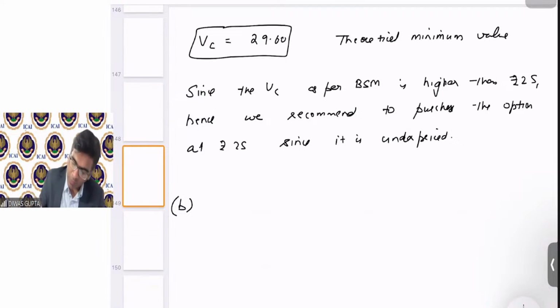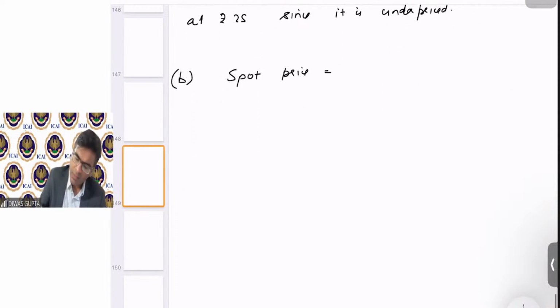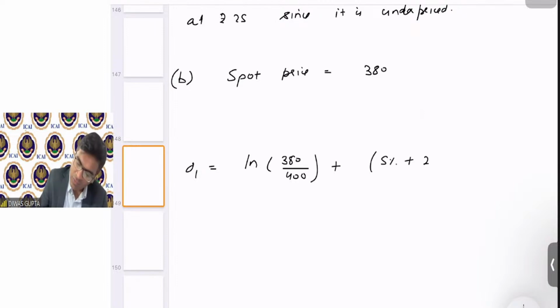So yes, students, spot price, let's say it becomes 380. So D1 becomes natural log of 380 divided by 400 plus 5% plus 22% raised to the power 2 divided by 2 multiplied by time.